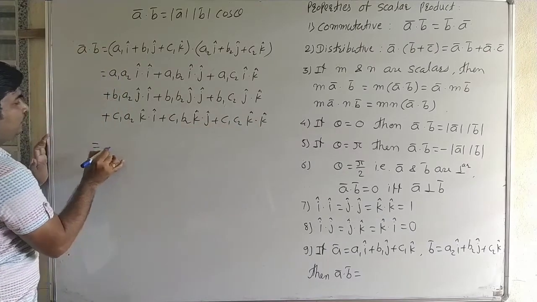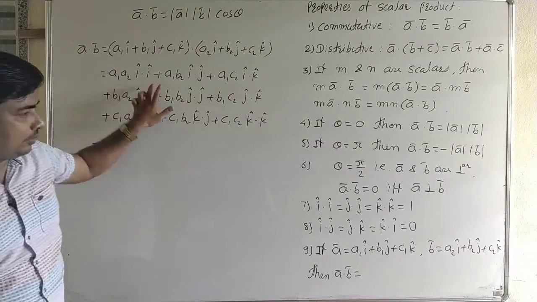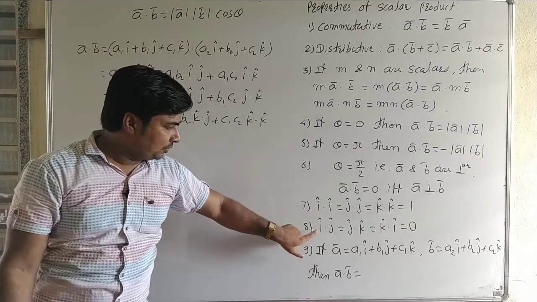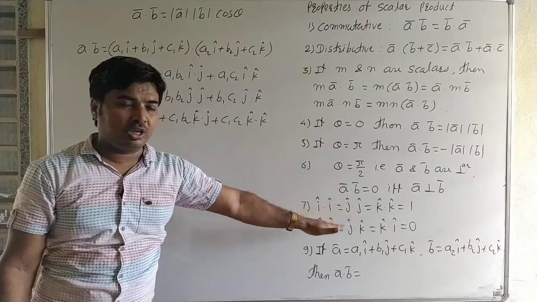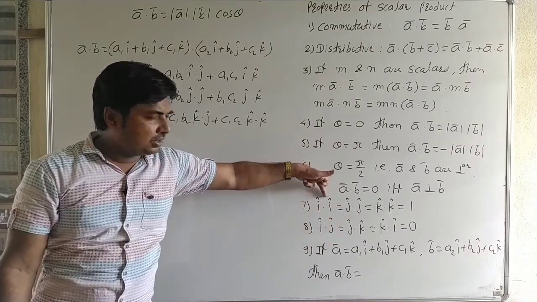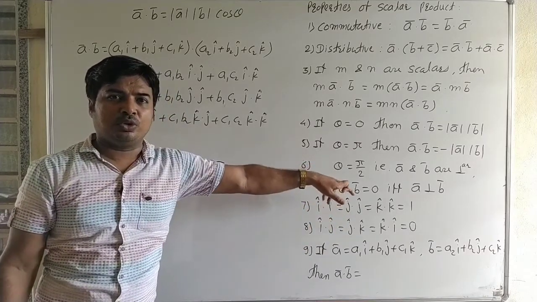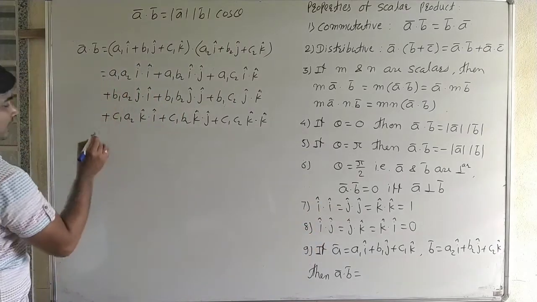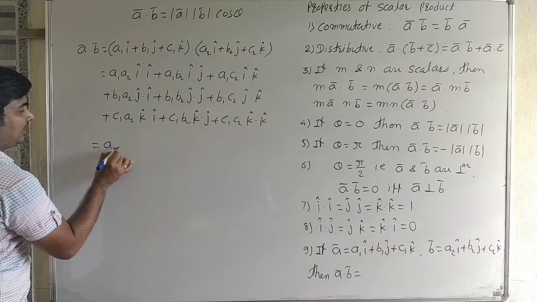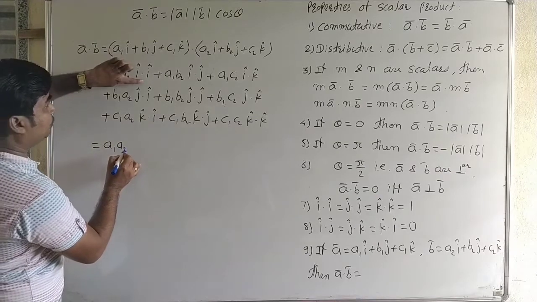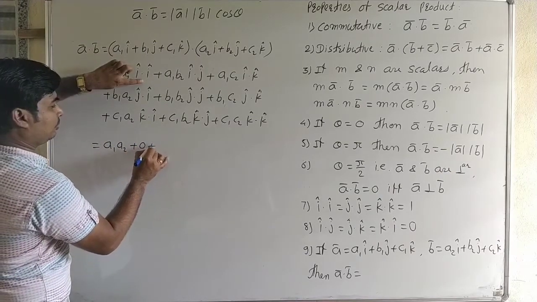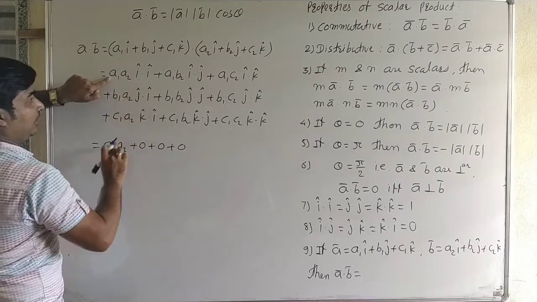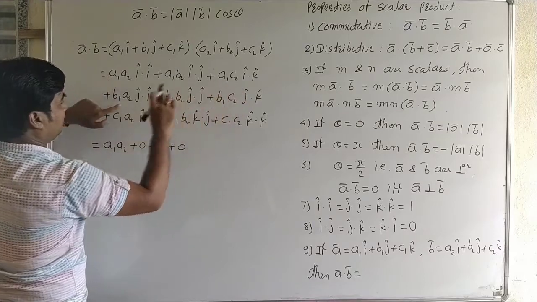Then we know that I cap dot I cap, J cap dot J cap and K cap dot K cap is equal to 1, and I cap dot J cap, J cap dot K cap and so on are 0. Same unit vectors, the dot product is 1, and different ones it is 0. Therefore we can write here A1 A2 into 1 plus 0 plus 0 plus 0, it is 1. Therefore A1 A2, and the rest are 0.